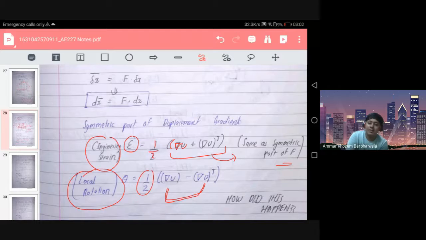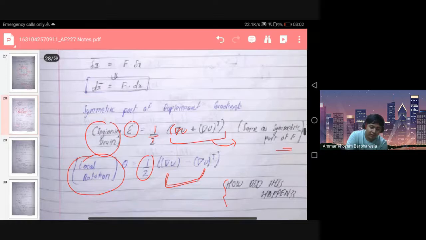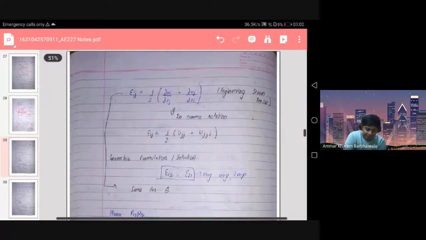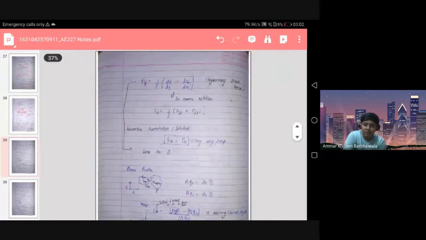Obviously you might be wondering how exactly this happens. There's no need to worry as such. It's a quite complicated and mathematically intense proof, but it's very easy to come out with. So I'll just give you a geometric feel for that. I'll not go over the proof.